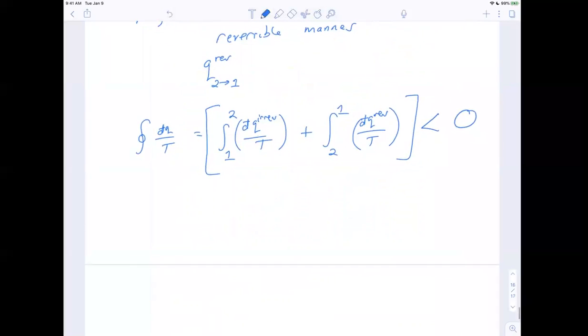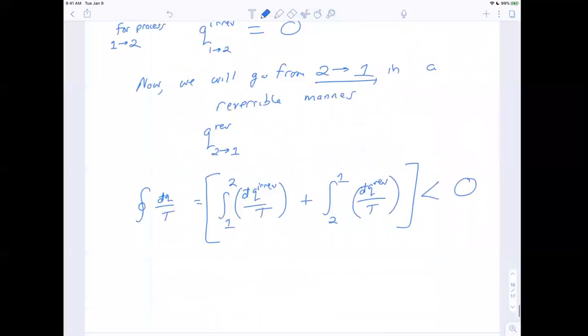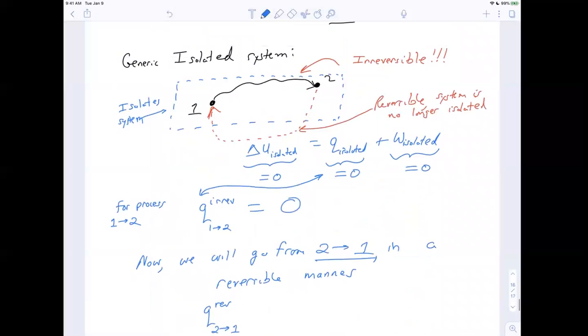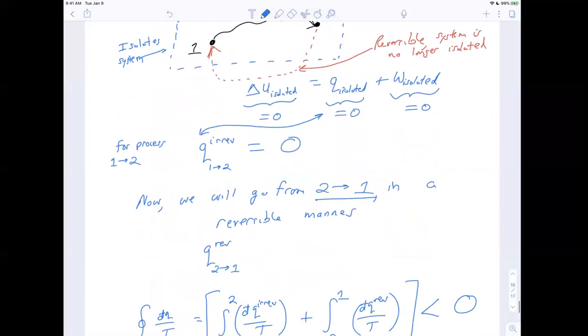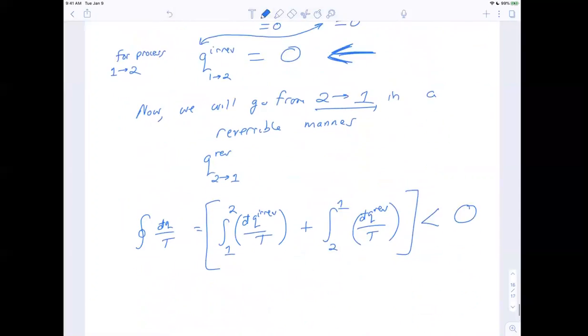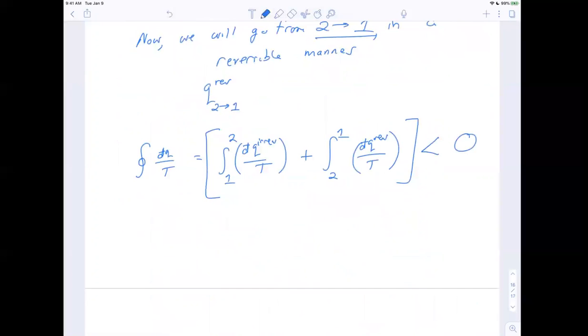All right. So the irreversible step happened with an isolated system. And we saw that for that case, Q irreversible is 0 to go from 1 to 2. So dq for the process from 1 to 2 has to be identically equal to 0.